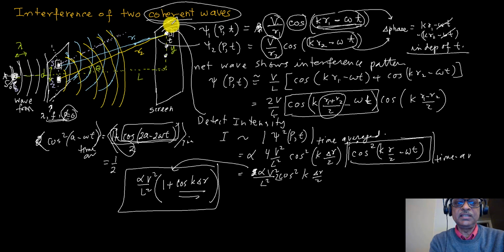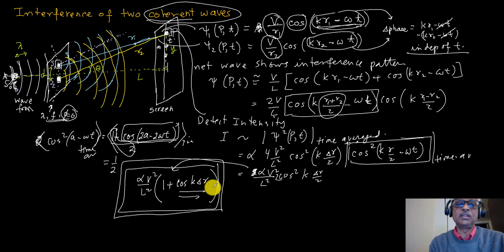Any point on this screen, whether I go this way or over here, there will be R1 and R2 from the two slits, and this is going to vary. And let me erase this and keep this, and from there we will get the formula that we used last time for interference conditions.